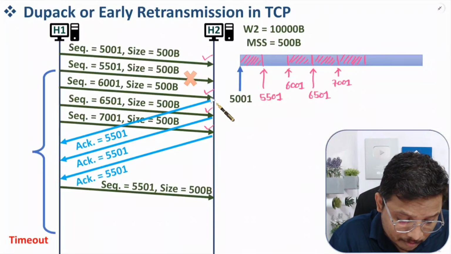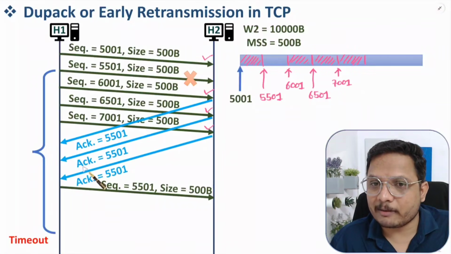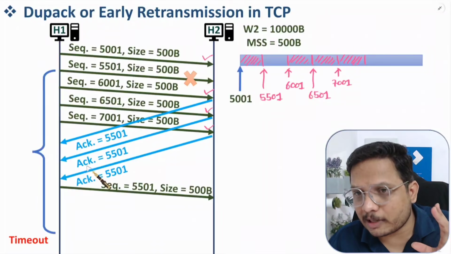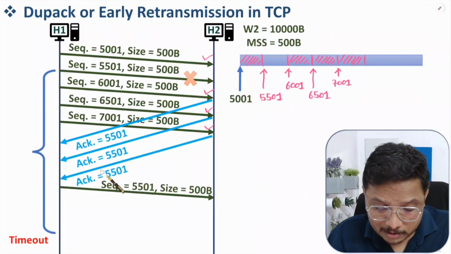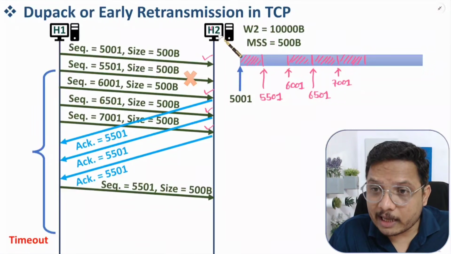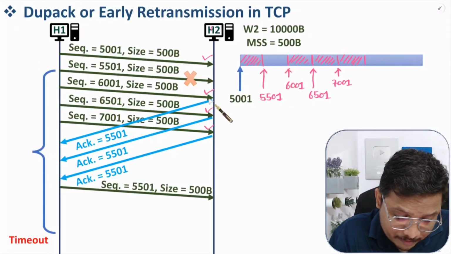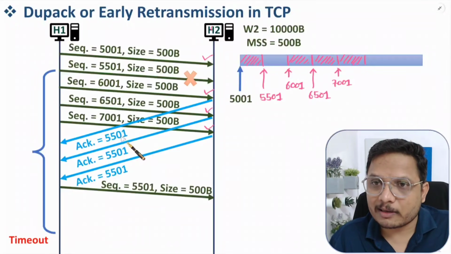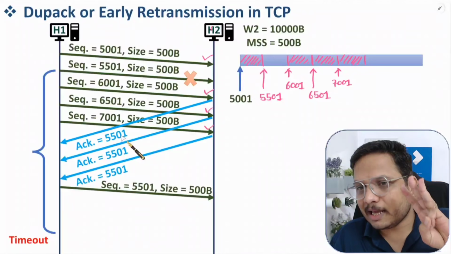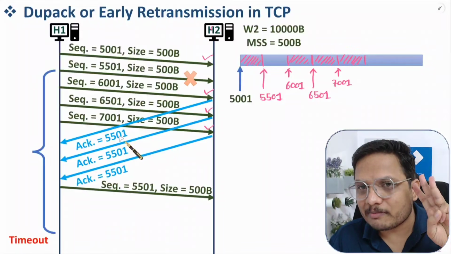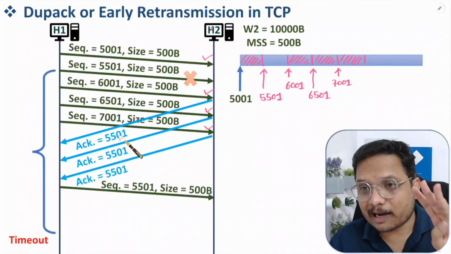So this is how it forwards three acknowledgements. Those are duplicate acknowledgements, which indicate H2 is waiting for the segment with sequence number 5501. That is referred to as three duplicate acknowledgements for early retransmission.